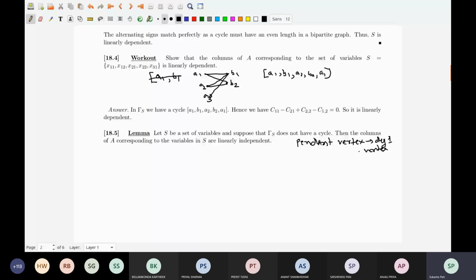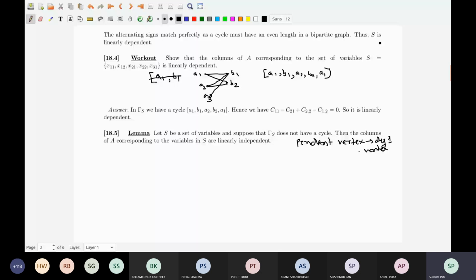That means you can go out again, and again, but the graph is finite. Because the graph has finitely many vertices, it has to repeat. The first place it repeats gives you a cycle, and you have assumed that there is no cycle, so that is a contradiction. Okay, so it will have a degree 1 vertex.